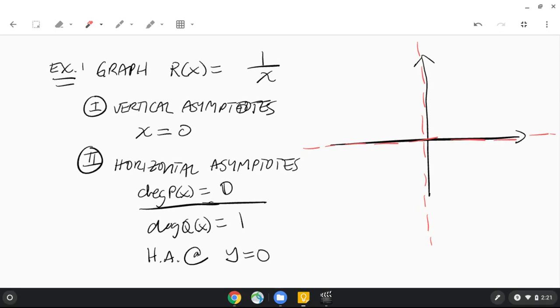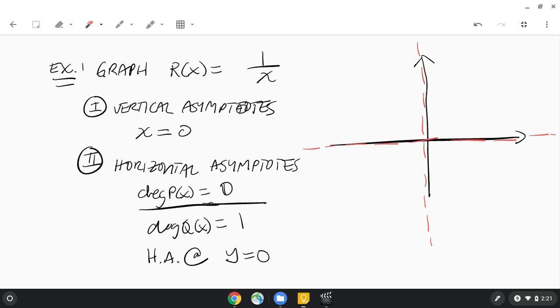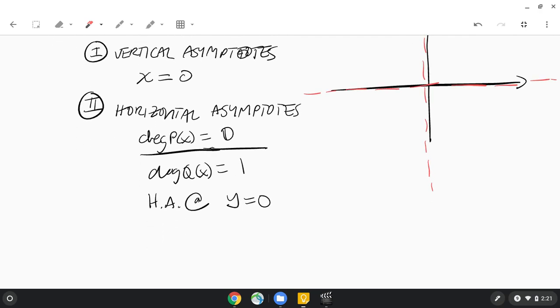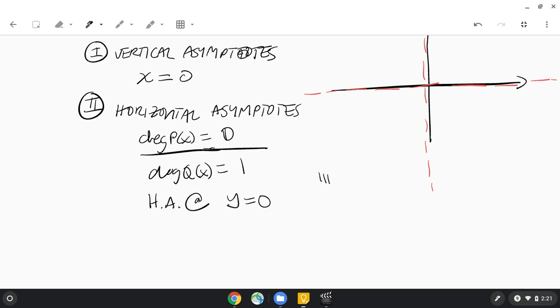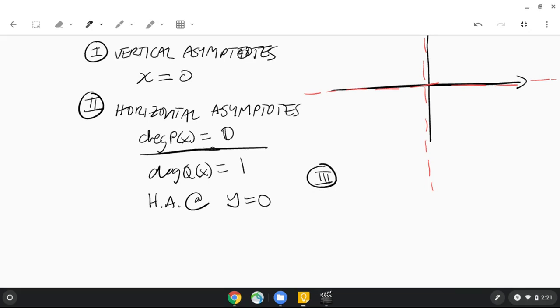Okay, so we've taken care of all of our asymptotes, so now we can go ahead and make a table of values. I'm going to do it over here so we don't lose our screen. I'm going to choose points on the left side of this vertical asymptote.